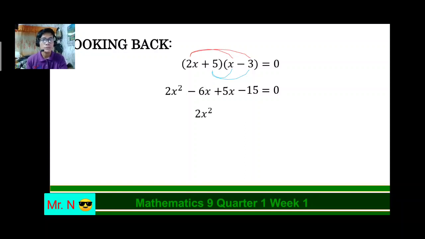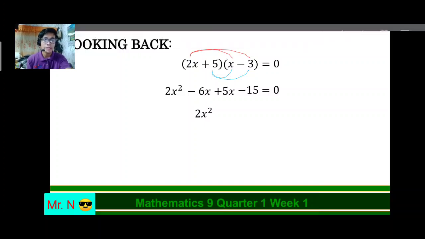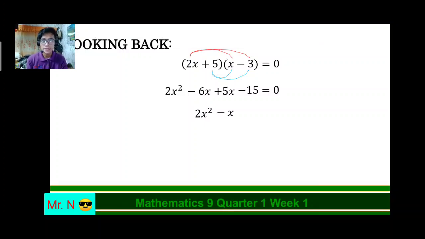So we have now 2x squared and negative 6x plus 5x, which is negative 1x, or we can just simply write negative x. Don't forget, if you cannot find a number beside a certain variable, the number beside it is 1.